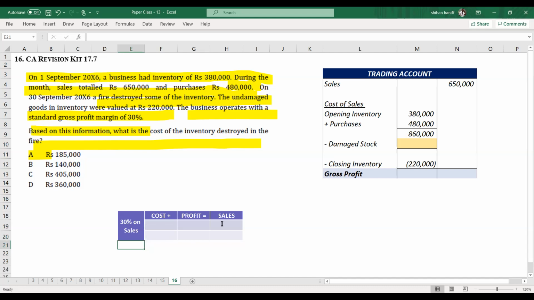If the sales is 100, profit is 30, cost is 70. Now the sales is 650. Cost means 650 divided by 100 into 70, that is 455.